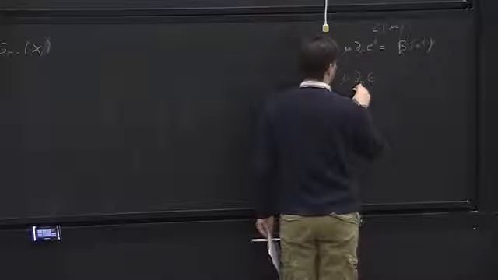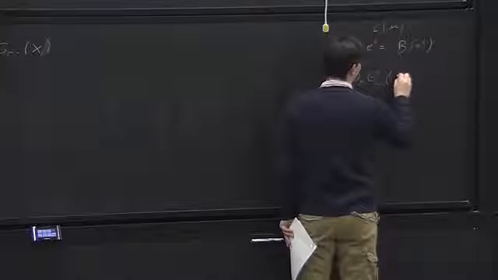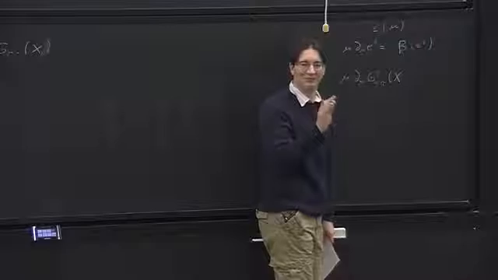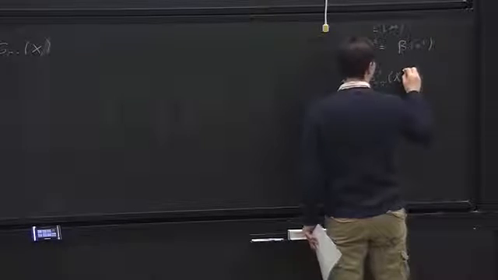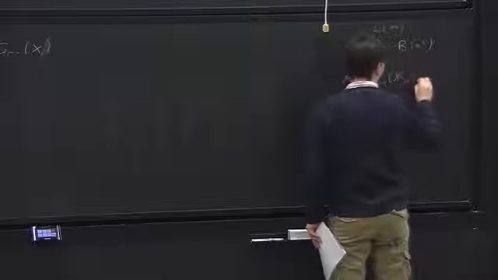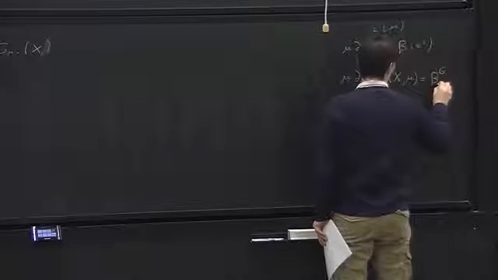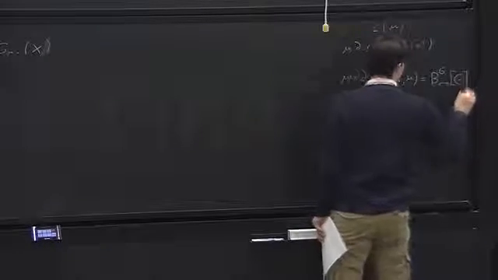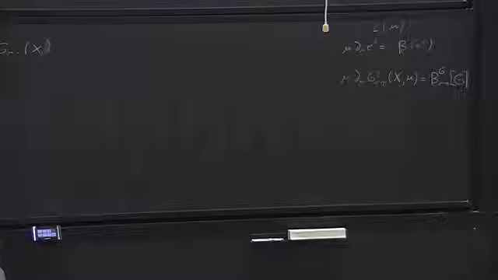Sorry for the notation: this is not the derivative with respect to x mu, this is the derivative with respect to mu. So you expect to be able to write something like that.